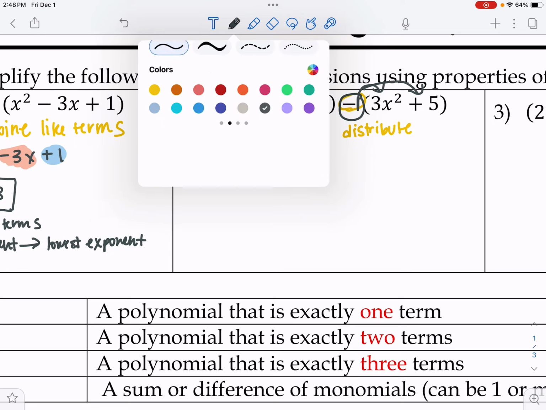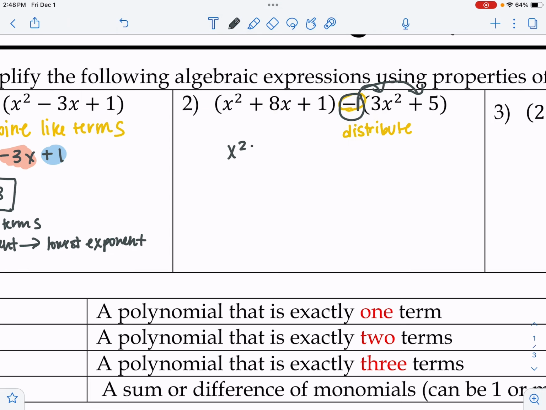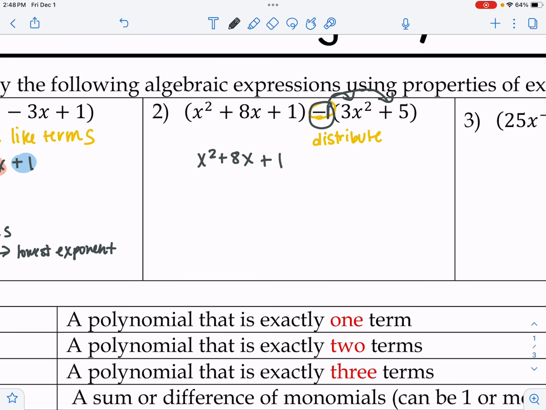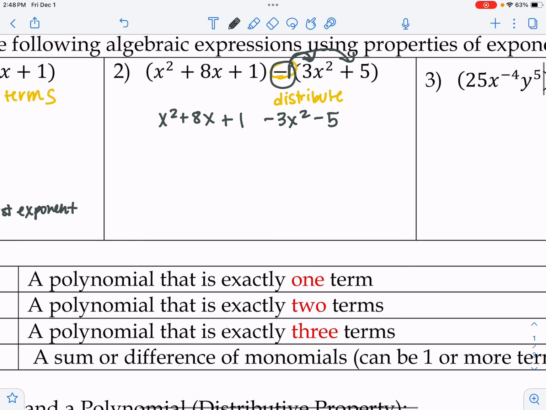Okay, and so there's nothing to distribute for the first parentheses, so I'm going to go ahead and write those down, those 3 terms. And then when you distribute a -1, -1 times 3 is -3x squared, and -1 times 5 is -5. It basically just changes the sign of those 2 terms inside the parentheses.